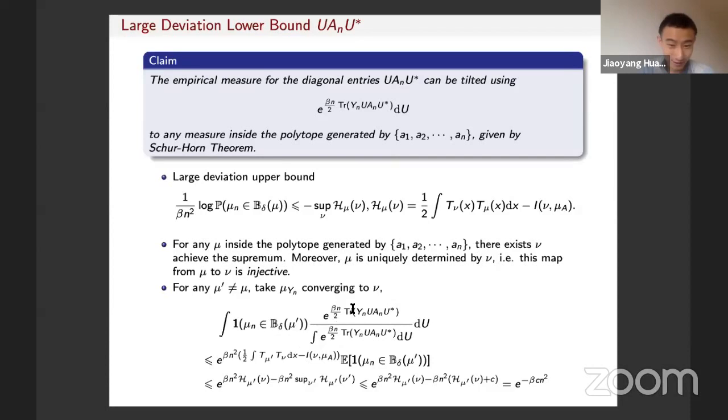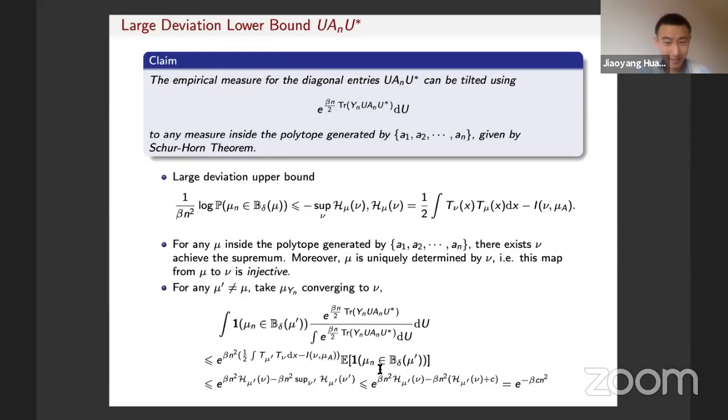For the numerator, because mu n is close to mu prime, which is the empirical distribution for the diagonal entries of U A U star, and Y n is just a diagonal matrix with measure converging to nu, this trace is just the inner product of the diagonal entries. This will give us the integral of t mu prime times t nu. That's how we get this t mu times t nu in this rate function.